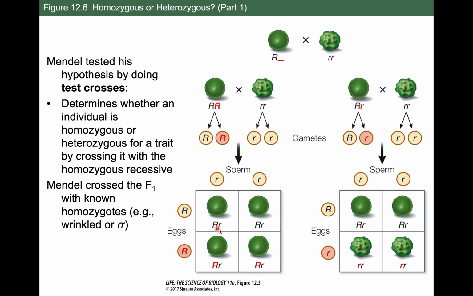So they're basically all going to be heterozygous every time. Whereas if that smooth pea parent plant was heterozygous, now he's going to get half of the offspring with the dominant phenotype and half recessive. So basically, if he gets any recessive out of the cross, he knows, okay, this plant had to be heterozygous.